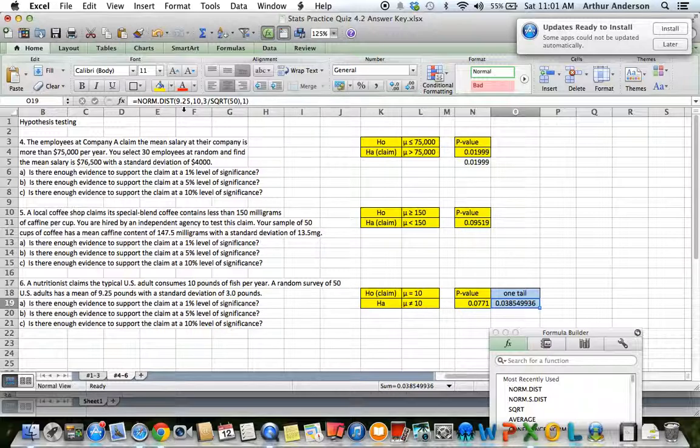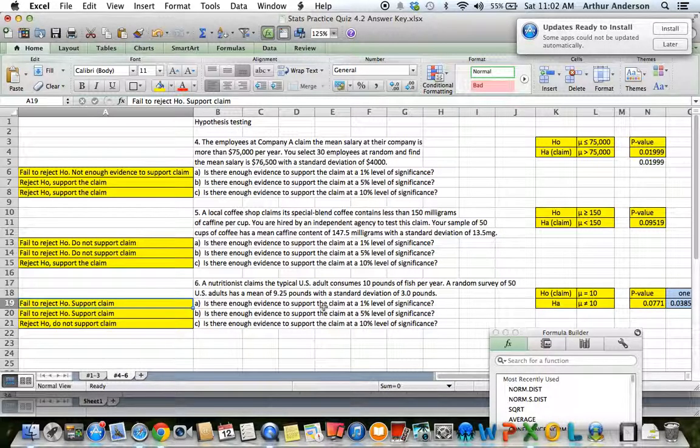This is for the left tail. 9.25 is the value for x, and 10 is the value for the mean. 3 divided by the square root of 50 is the standard deviation as you put it into the function builder, or the standard error, and the 1 represents true. So that's the area in one tail. We doubled that, as you can see, in cell N19, and we get 7.7% approximately.